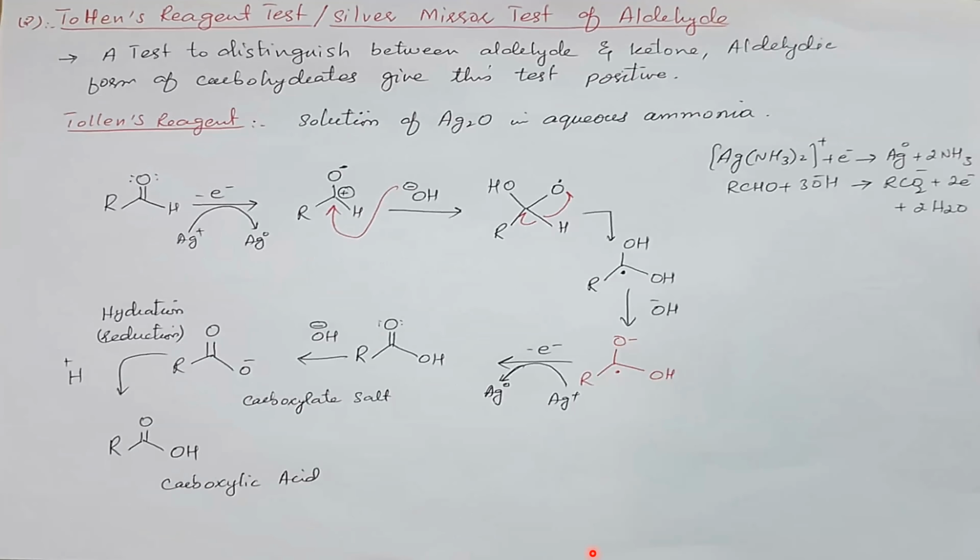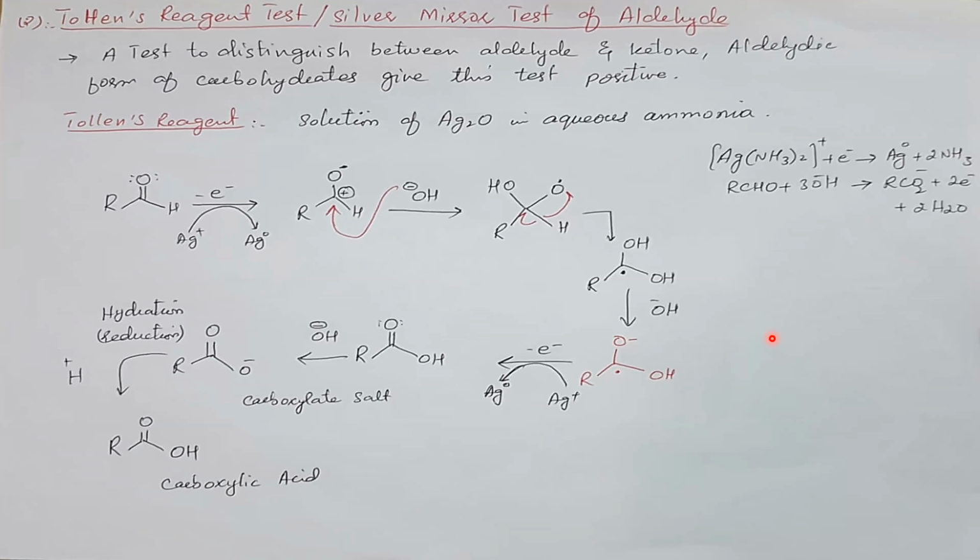Now we will switch to the next one. This is very common and very famous, and we very commonly perform it in our biochemistry lab. This is the Tollens' reagent test, also famous as the silver mirror test.